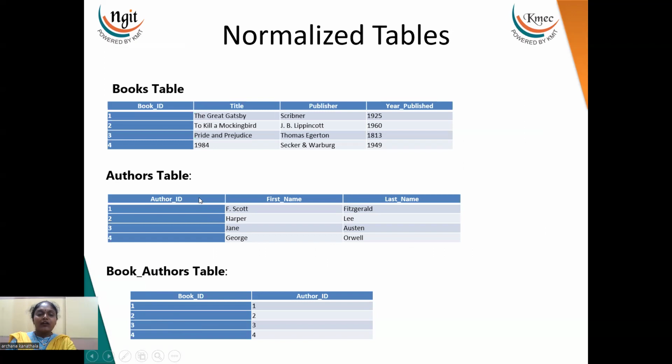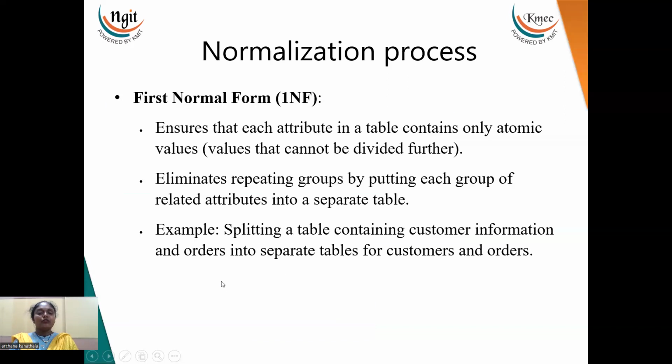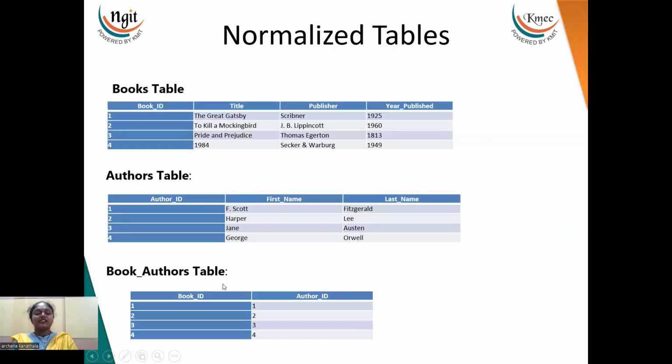Author is taken out from the books table, wherein author can be exclusively identified with the author ID number, first name, and then middle name or last name can be taken as a separate table. And then next is the book authors table, which is nothing but a relationship wherein it represents the contents of both the associated entities.